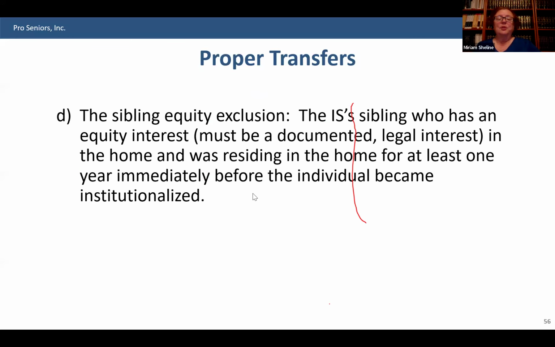There's also an exemption for your sibling. So if you and your brother or sister own the home jointly, live together, share expenses, etc., and you've done that for at least 1 year prior to entering the nursing home, then you can transfer the home to that brother or sister without penalty.